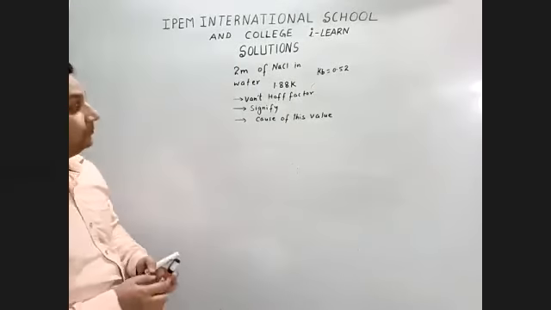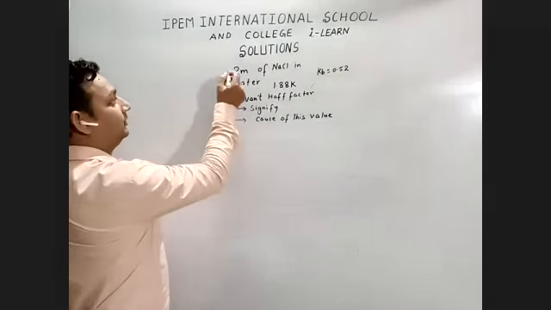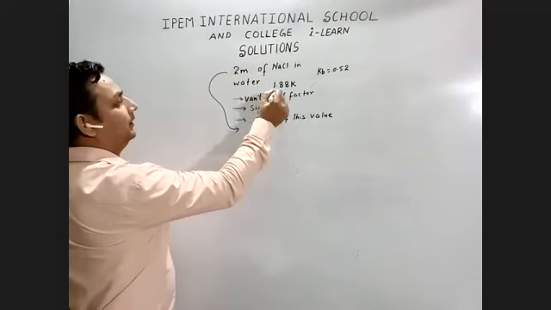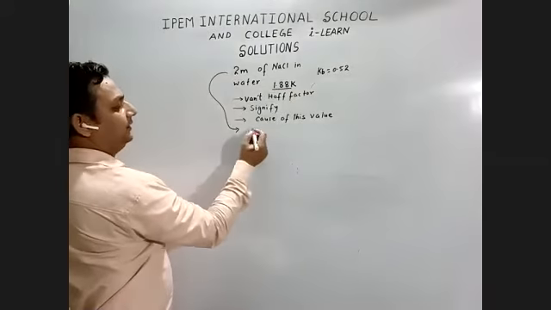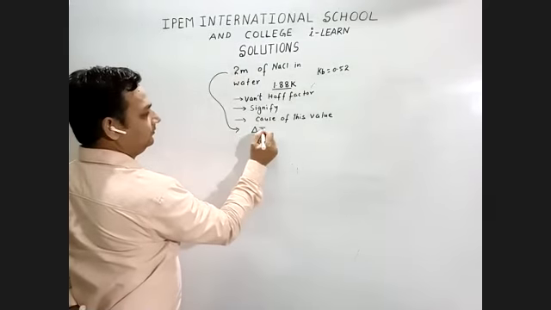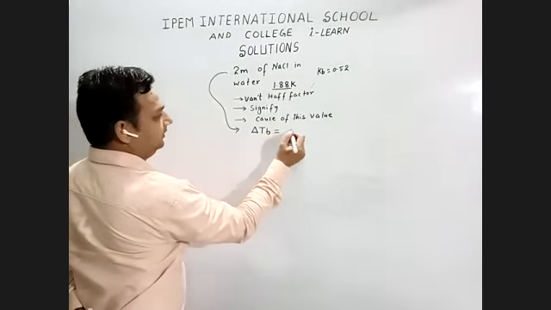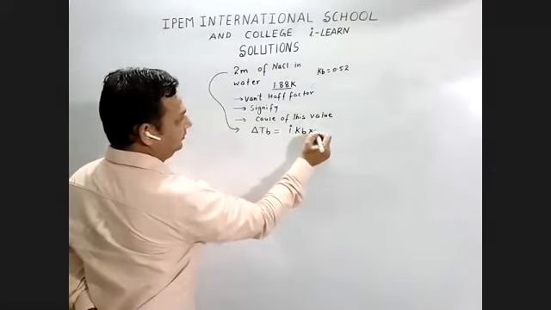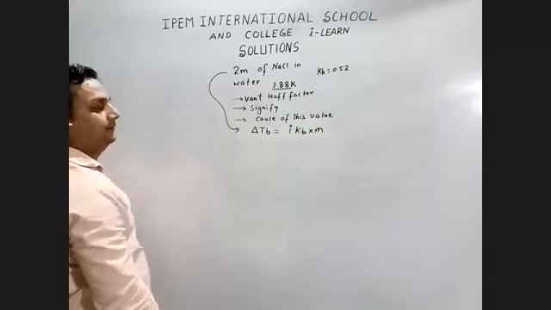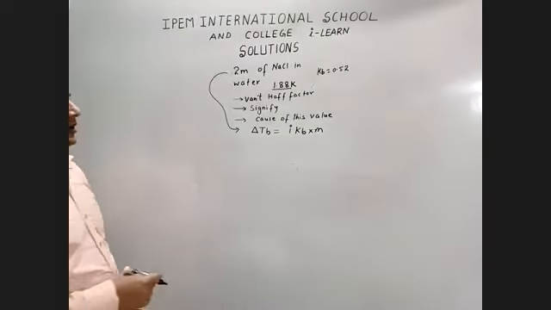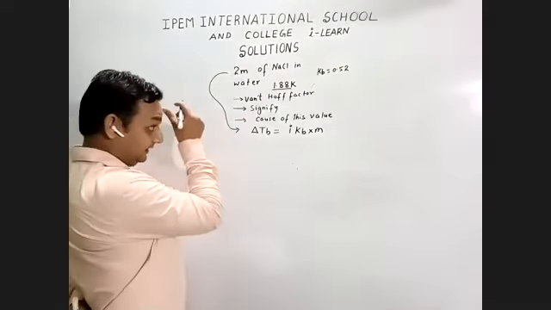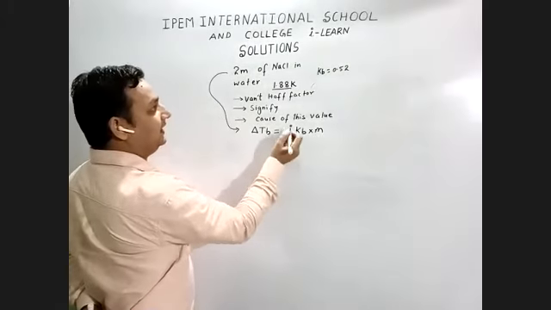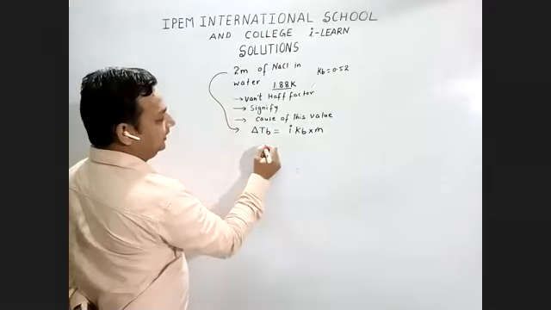All right. Now, first we go through this question. They have given Kb and delta Tb, and the molar concentration. So we have a relationship for that. Delta Tb is equal to i Kb into m, where i is the Van't Hoff factor.